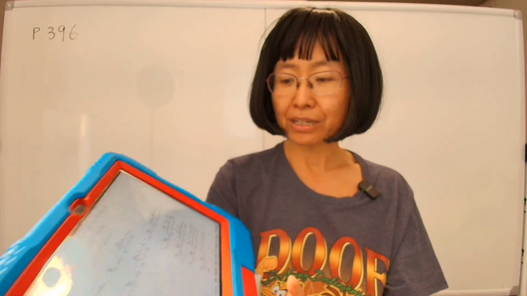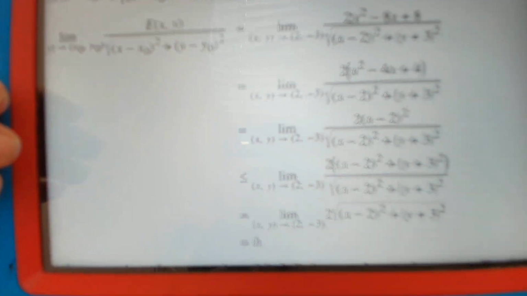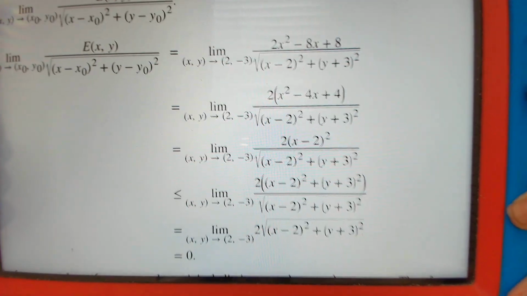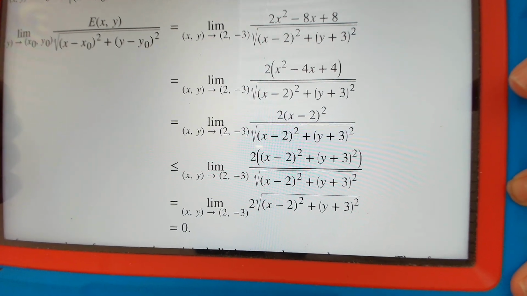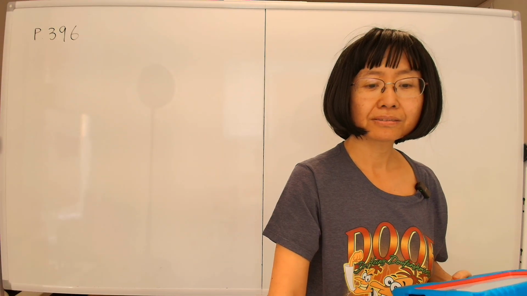So first, look at this very carefully, and check out this neat trick. Everything looks okay at first, and we have the limit here.